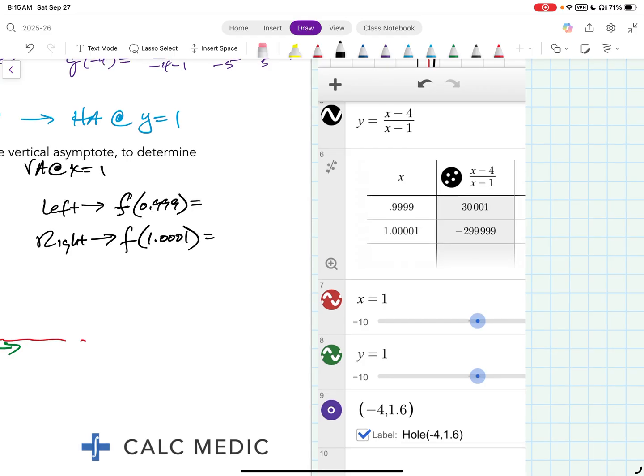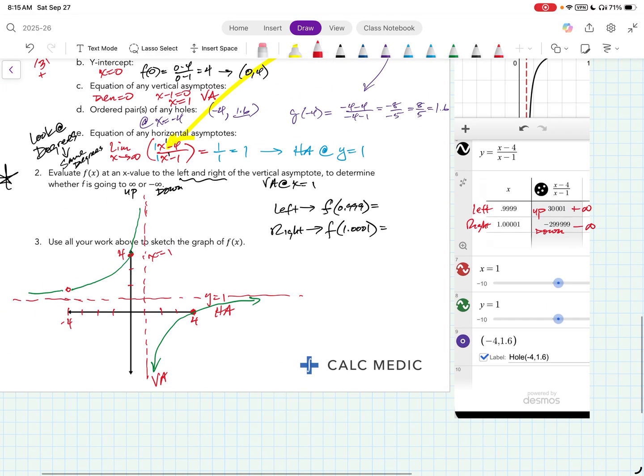So this is telling me, let's annotate a little bit, that on the left side it's going up to positive infinity. It's going up. It's getting huge. And on the right side, this is on the right side of 1 because it's a little bigger than 1, you're going down. This is extremely small, so it's going down to negative infinity. And that suggests the limits.